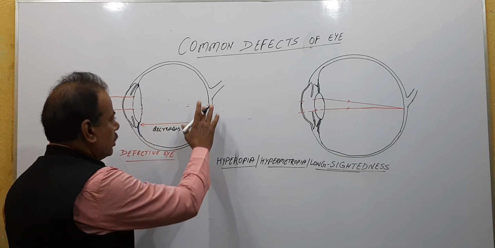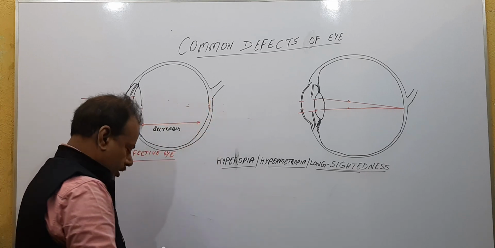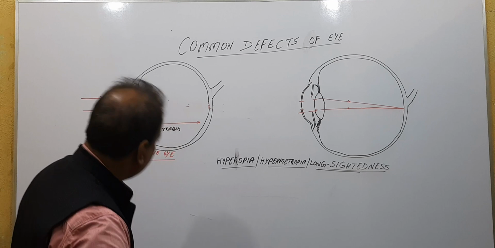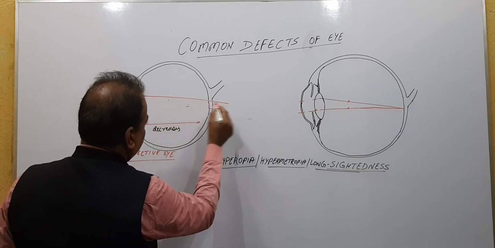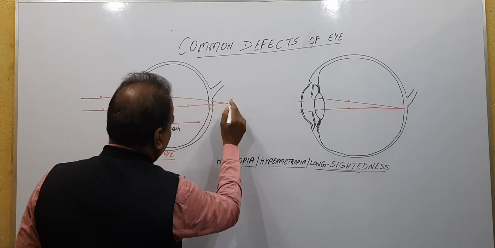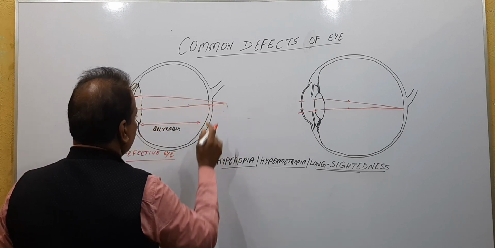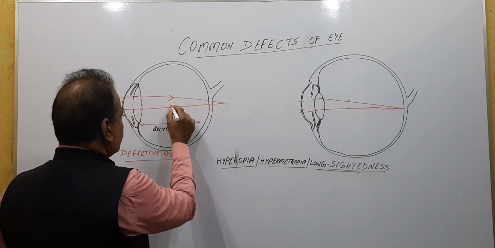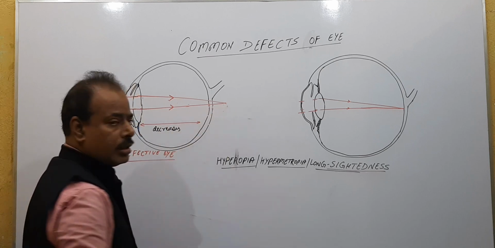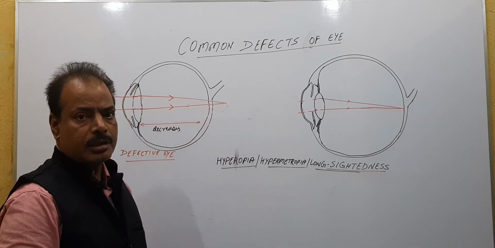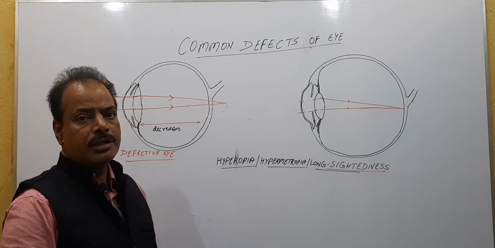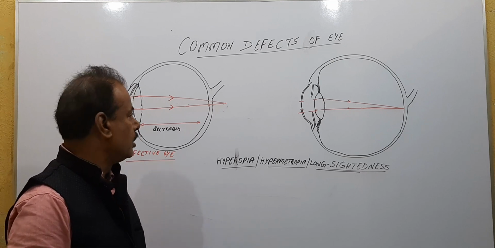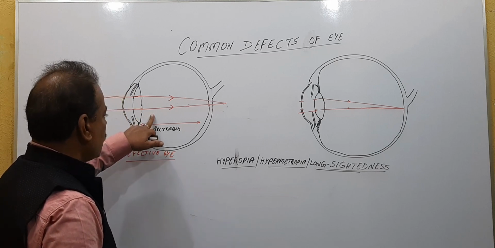As a result, image formation takes place behind the eye, beyond the retina. So here image formation takes place behind the retina, and the person can see far objects but can't see near objects. These are the two reasons.